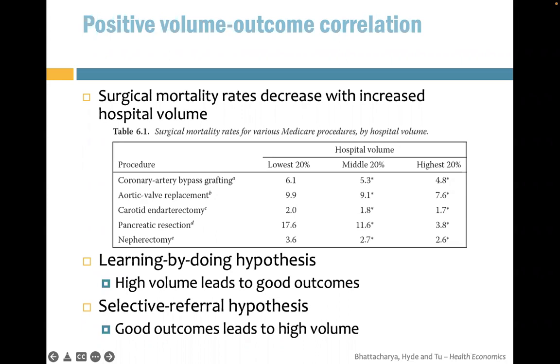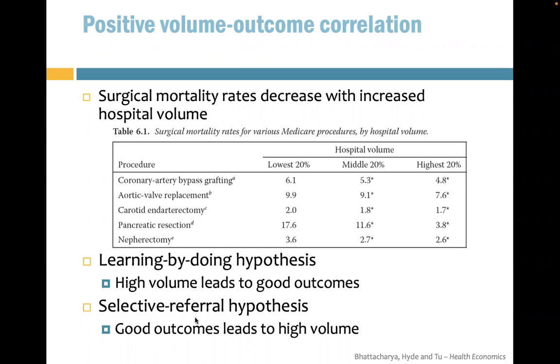How do we think of bigger hospitals having smaller surgical mortalities? Well, there are different hypotheses. The first one is volume leads to outcome. We call that the learning by doing hypothesis, that if there is a high volume, physicians can learn a lot. So that leads to better outcomes.